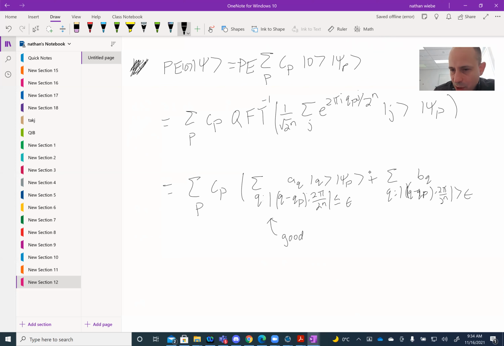I'll call these coefficients b_q, with psi_p, and this set will be bad.